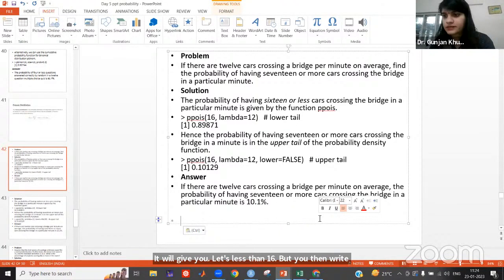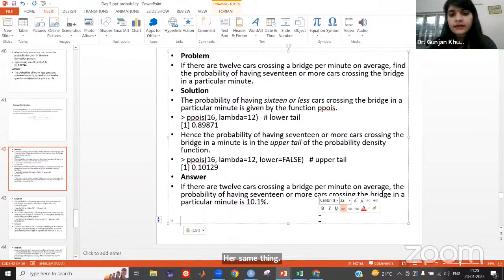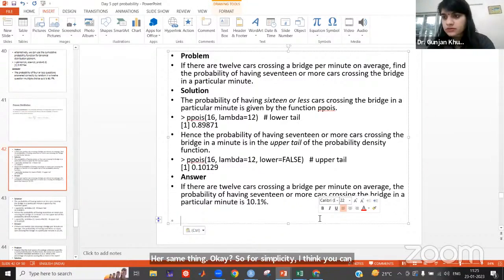So either use lower equal to false or use 1 minus. Both are the same thing. For simplicity, I think you can use 1 minus also if you don't want to remember a lot of syntaxes.